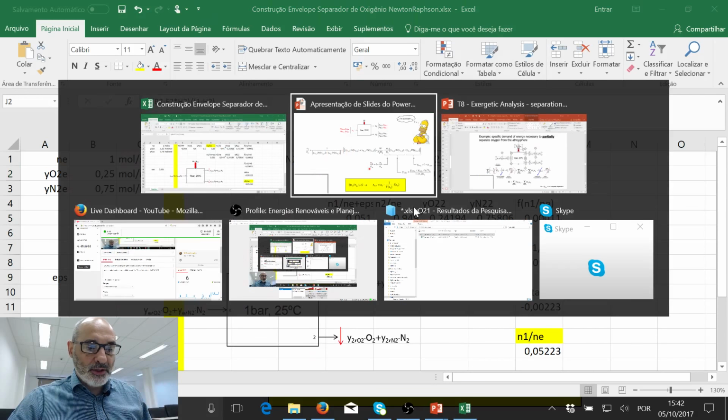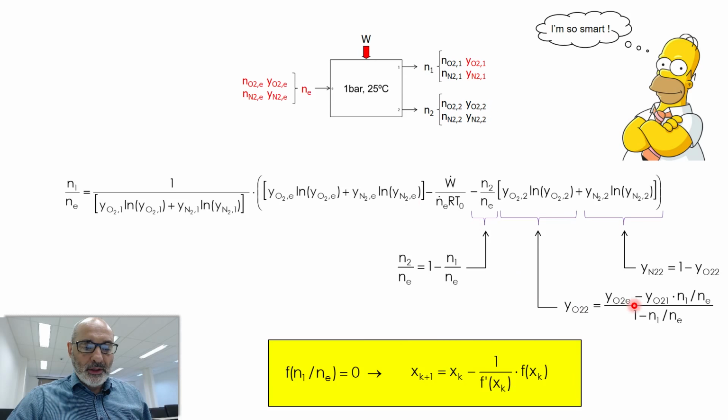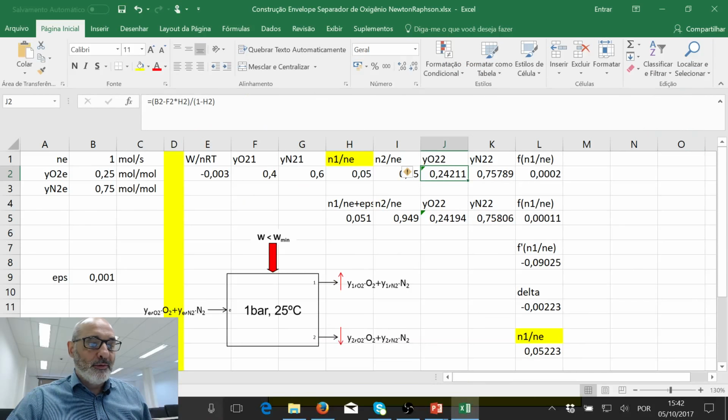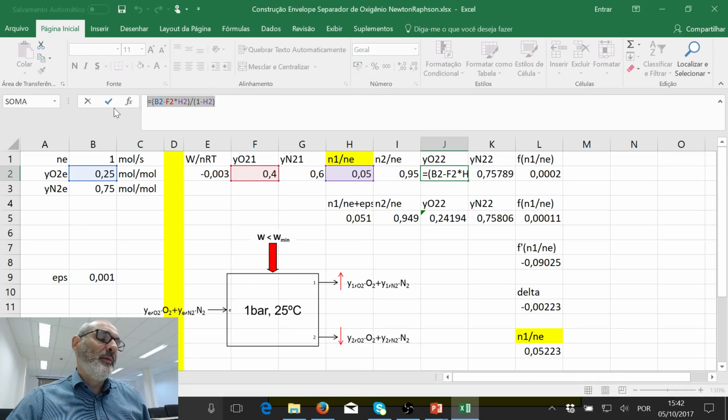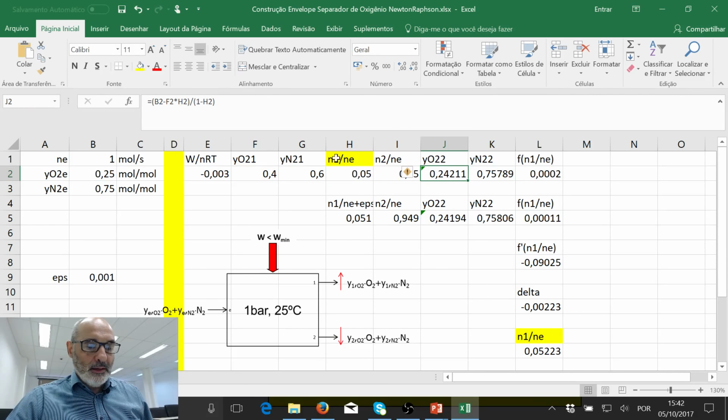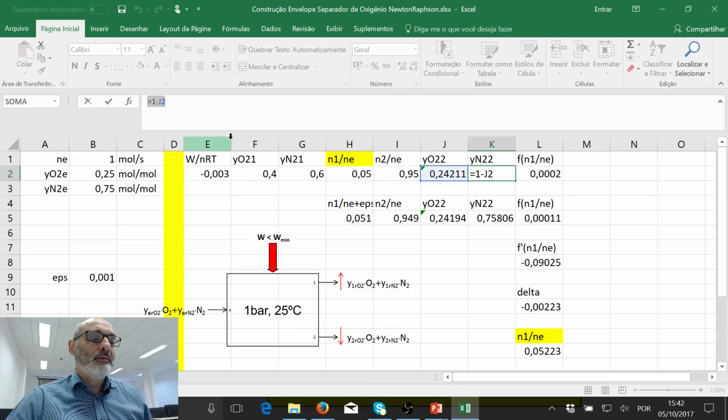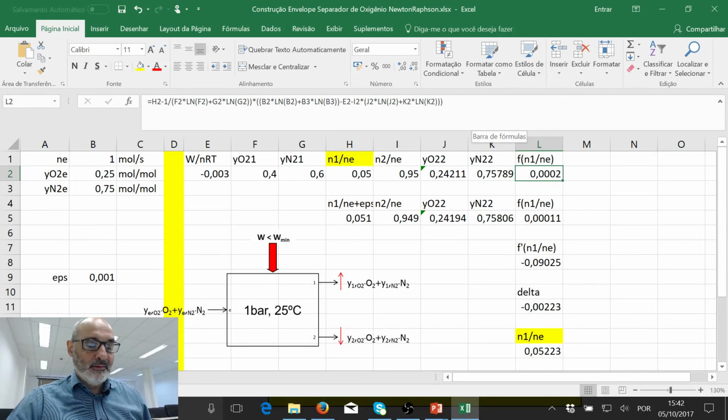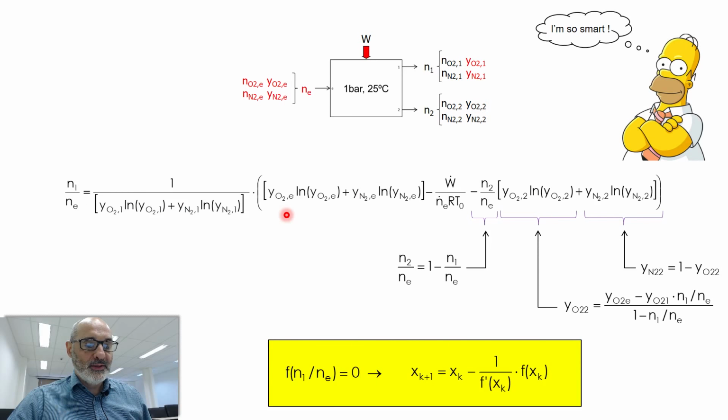The concentration of oxygen at exit number 2 is this formula here, implemented in Excel, okay? Then we have the concentration of nitrogen at exit number 2, a very simple formula. And then I have my function, f, which is this function here, okay?